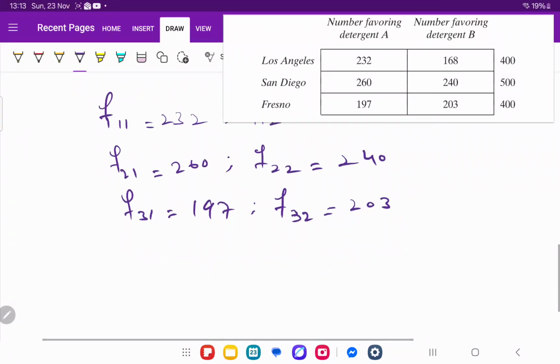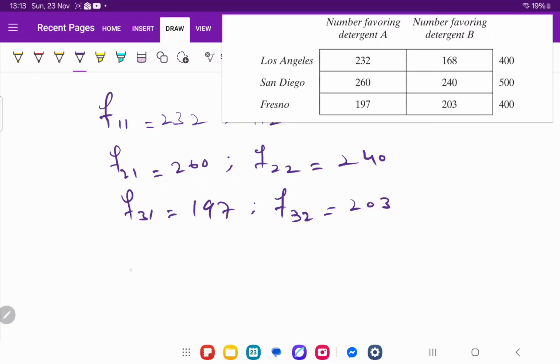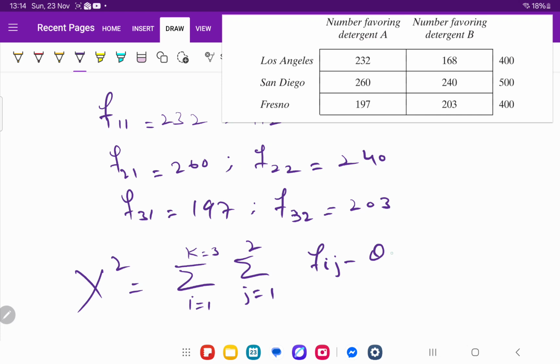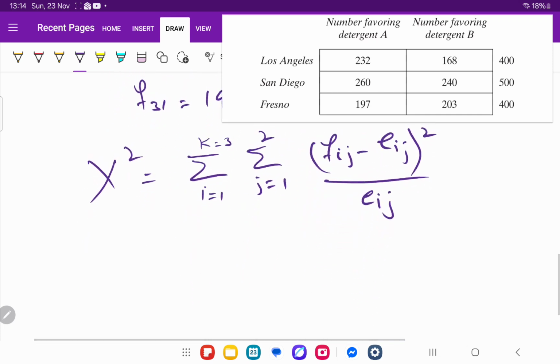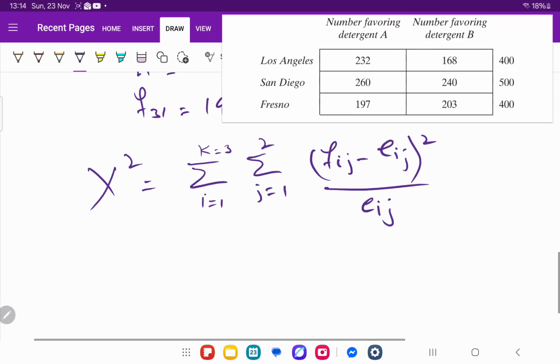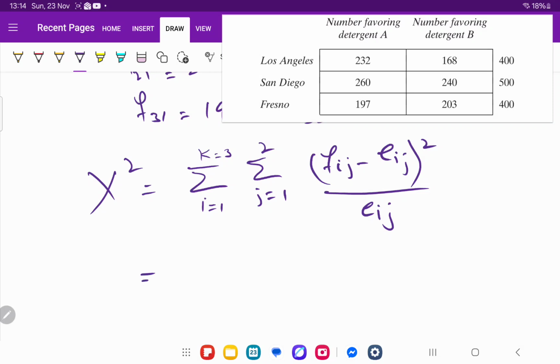Okay, so we have calculated the F values, and the formula we know already: chi square is equal to the sum, going from i equal to 1 up to k, where k is equal to 3 because there are 3 cities involved, and j equal to 1 up to 2 because there are 2 detergents involved, of Fij minus Eij, whole square, over Eij. So now we will be opening this formula, because it's a sum.